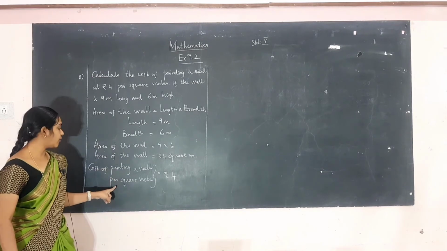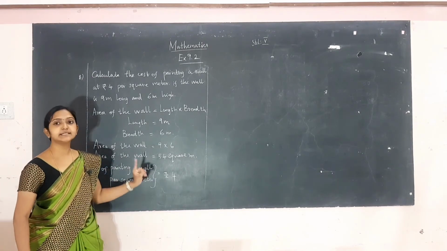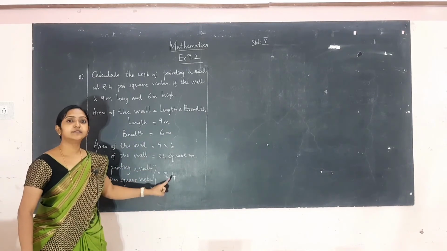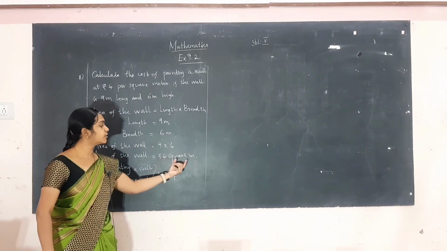Cost of painting a wall per square meter. Per means it is 1. For 1 square meter it is rupees 4. Then we have to calculate for 54 square meter.